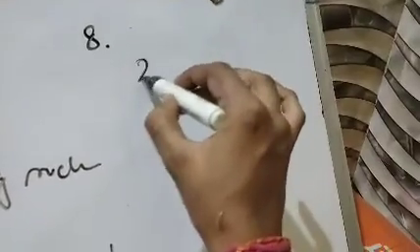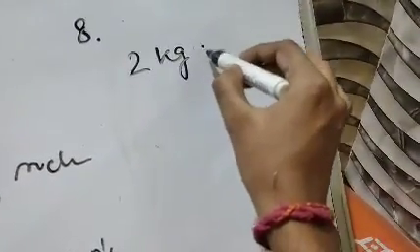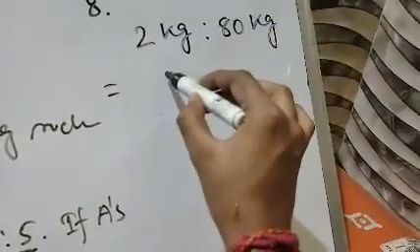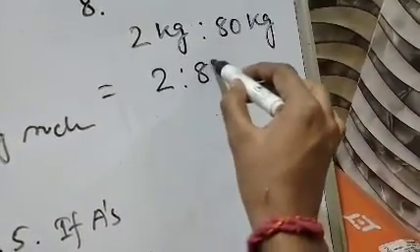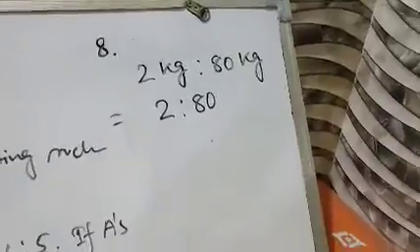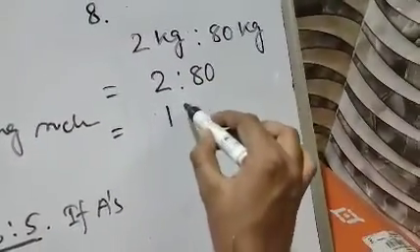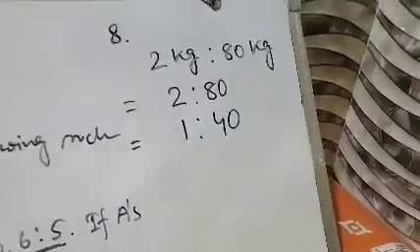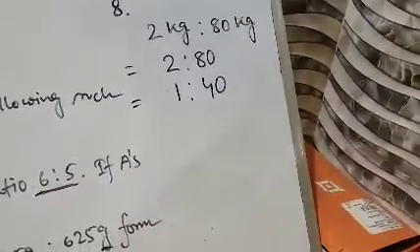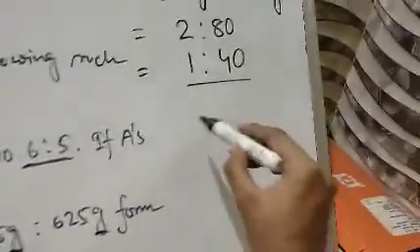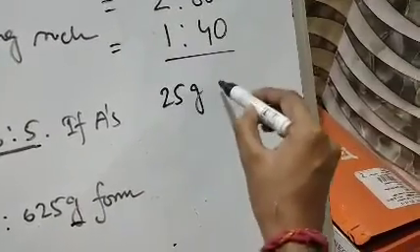So 2 kg is to 80 kg. kg and kg will cancel, so 2 is to 80, reduce it by 2: 2 ones are 2, 2 40s are 80. So the first ratio is 1 is to 40.